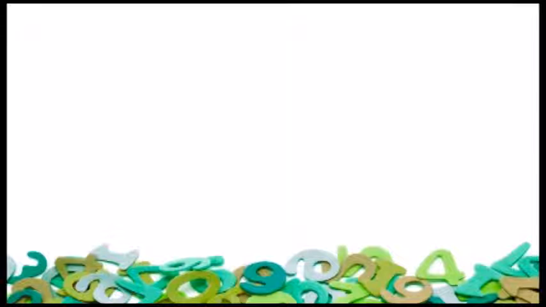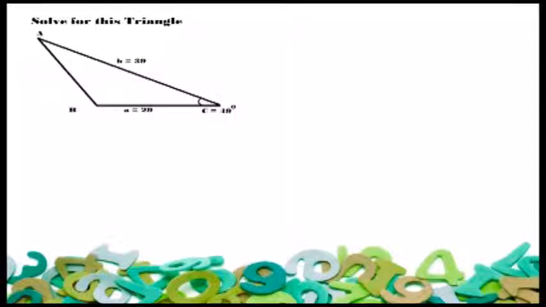Let's have this example. Solve for this triangle. Since we have the given of side a and b and angle C, we will use the formula c squared is equal to a squared plus b squared minus 2ab cosine C. So substitute the given.